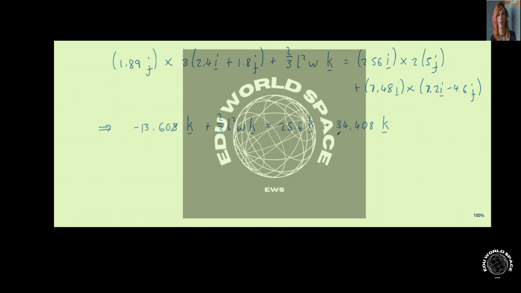So all of these are k components, and so we can just equate them as is. What we end up with is L squared omega is equal to 7.2. We'll call that equation 1. Both of these are unknowns, and both are what we wish to solve for.